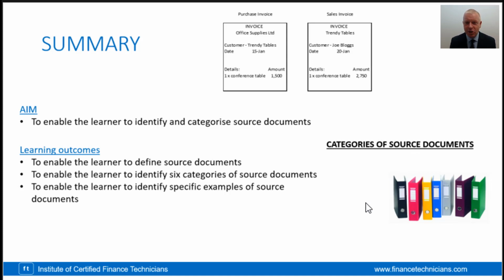So hopefully you'll have a better understanding of source documents, how to categorize them, and how to file them. And then finally, we're just going to say to you that the categories are listed there: customers, suppliers, banking, petty cash, payroll, and other. Set up your filing system, and it'll make it a lot easier to process your bookkeeping.